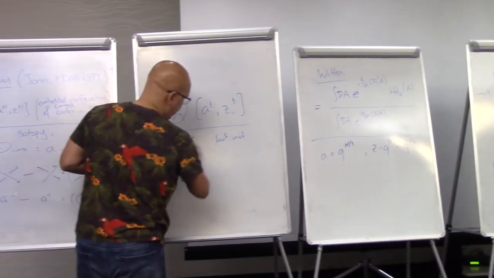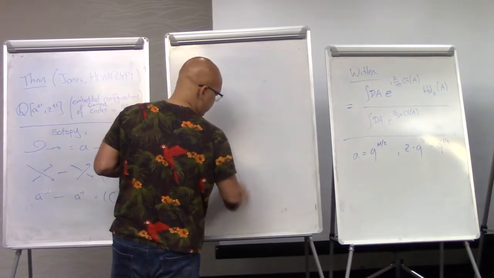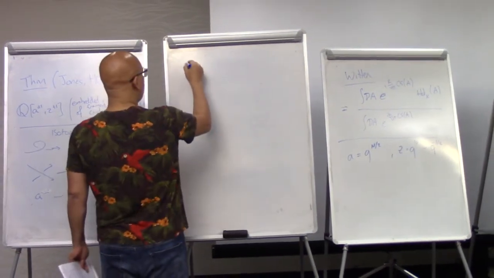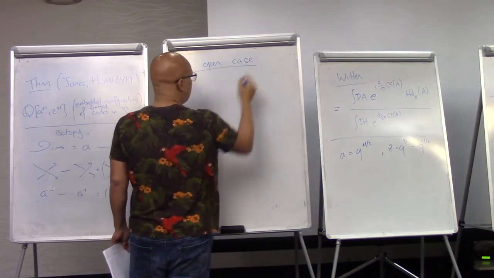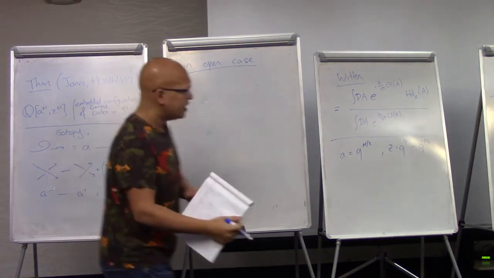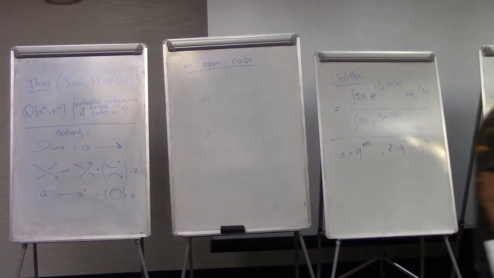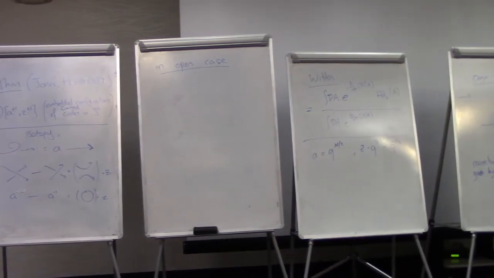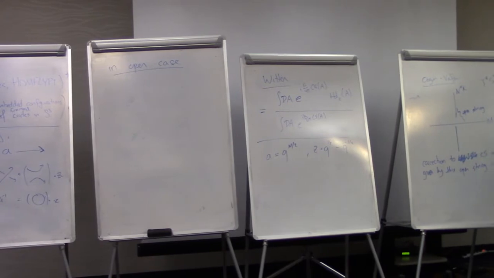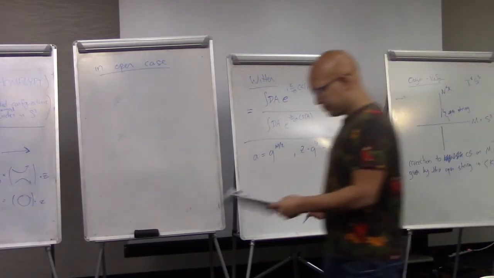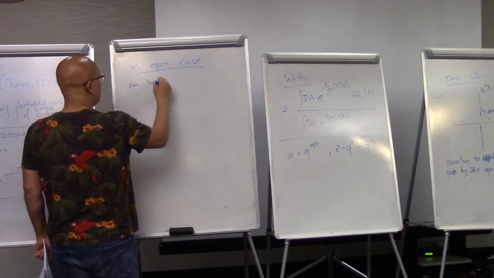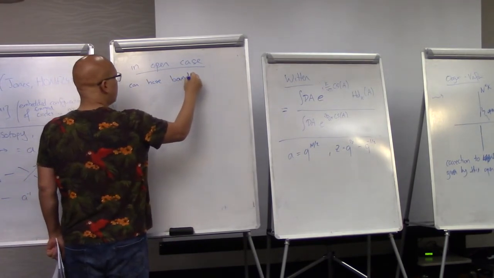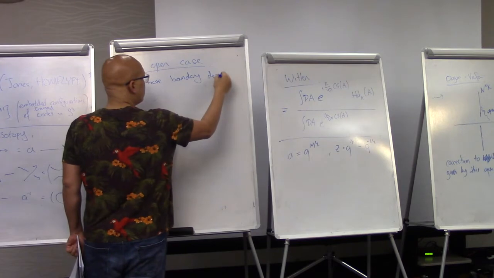So what about the closed case, or the open case? In the open case, the basic problem is that now your curves have boundary, and you can have boundary degenerations, and as you all know, that's a codimension 1 phenomenon. Boundary degenerations.